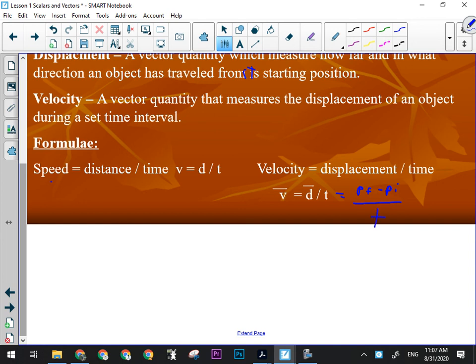Because that's what displacement is. Displacement is your change in position. So hopefully that all feels somewhat familiar to you from Science 10.